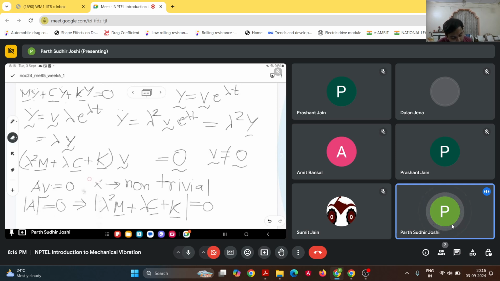For a non-trivial solution of v, we said that the determinant of the matrix A is 0.